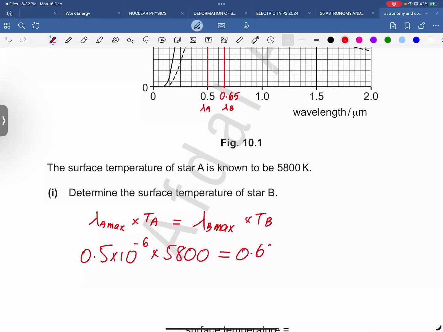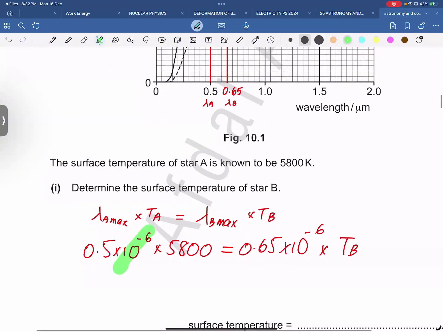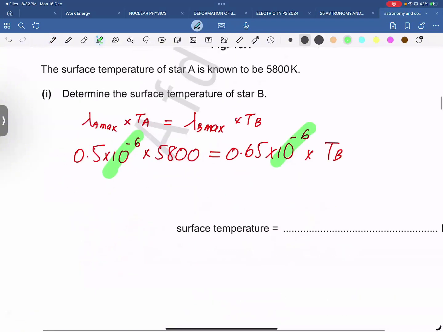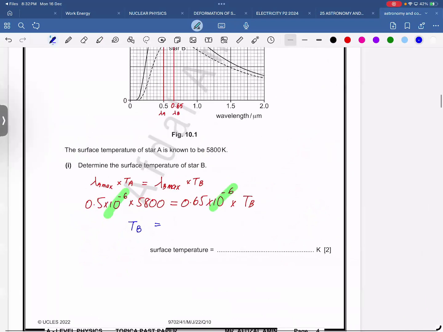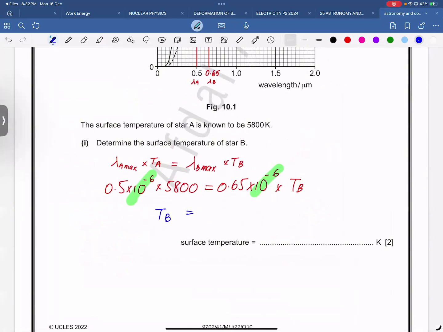B is 0.65 micro, temperature of B we don't know. Micro, you can simplify, which is 4500 Kelvin.